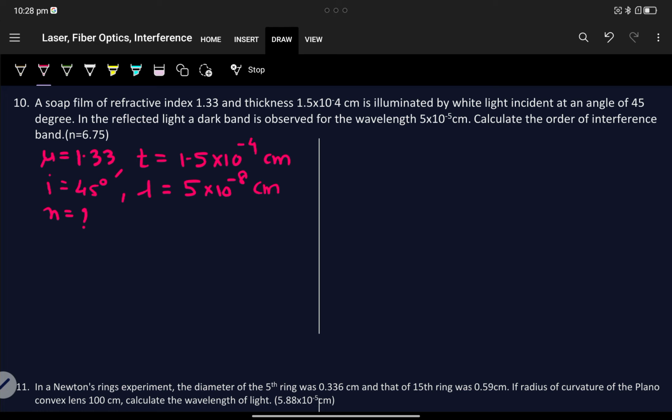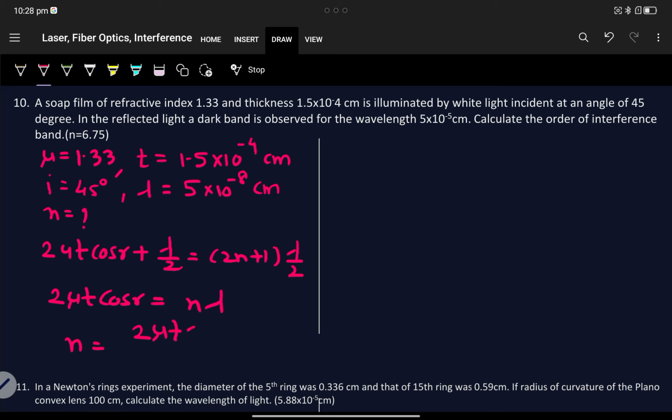Since it is dark, we'll use the condition of 2 mu t cos r plus lambda by 2 is equals to (2n plus 1) lambda by 2. We'll bring lambda by 2 from left side to right side. So we'll be writing this formula as 2 mu t cos r equals to n lambda. Our aim is to find n. So I'll be writing this formula n equals to 2 mu t cos r divided by wavelength lambda.